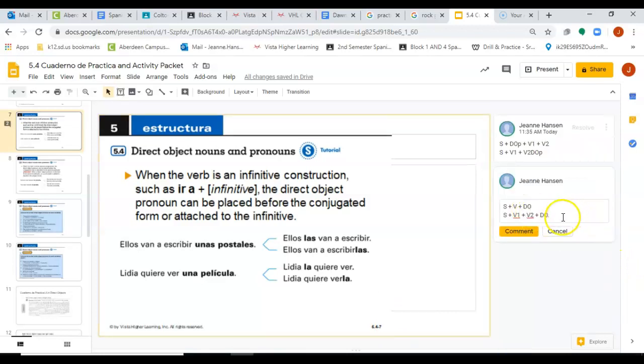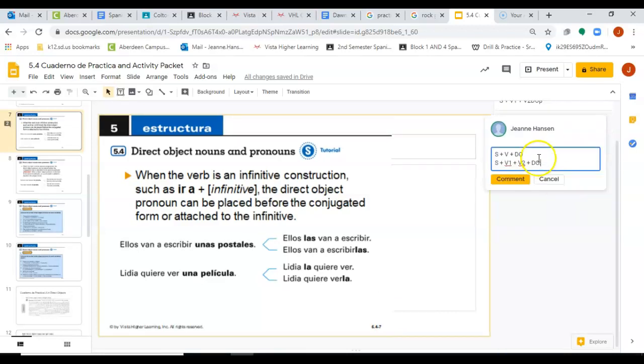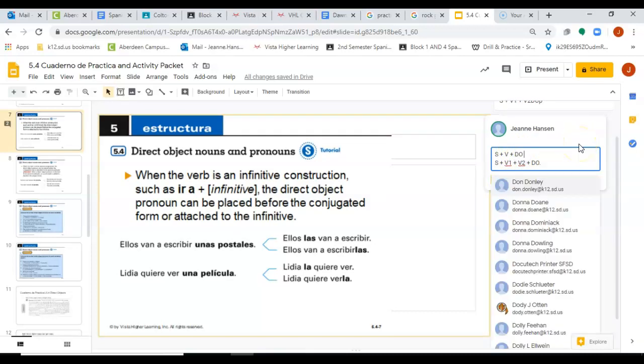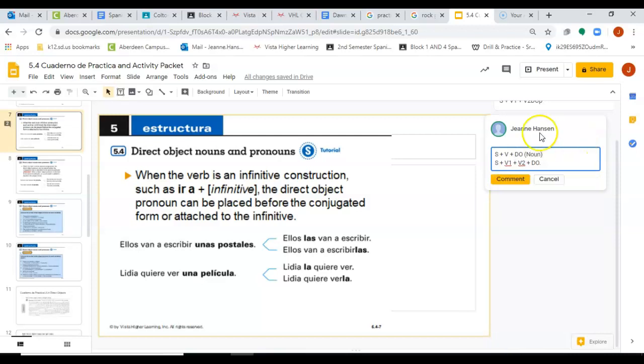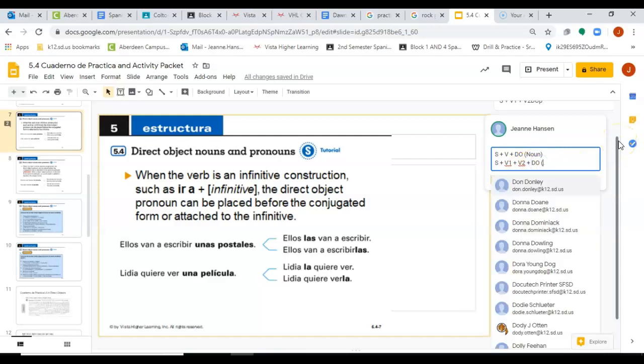Thank you. The difference, though, is when we change this direct object from a noun into a direct object pronoun. That's when our pattern is going to change, right? So I'm just going to put noun in here too.